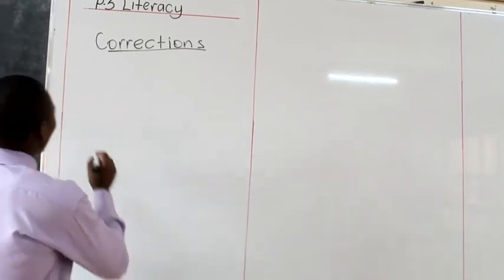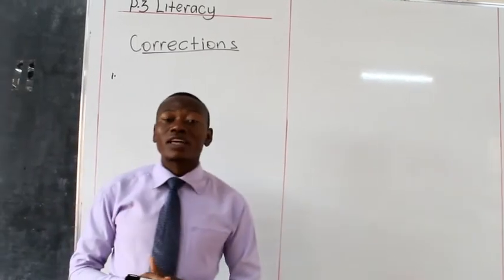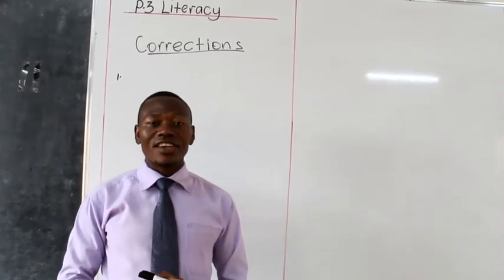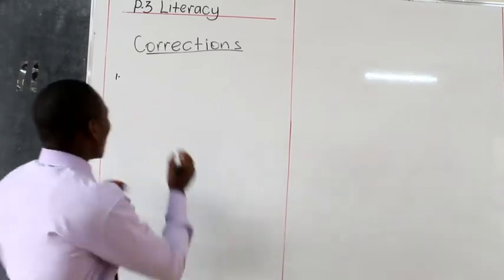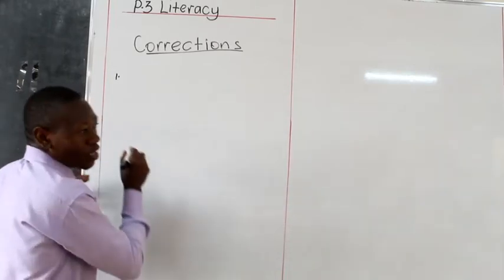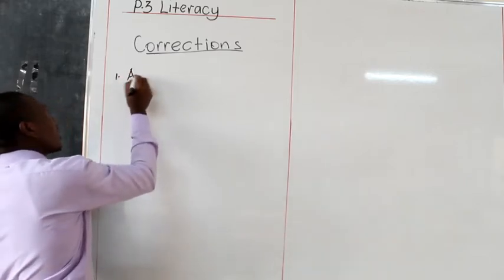So we go to number 1, which was asking you to give 3 examples of artificial changes in the environment. What are these artificial changes? I'll start with only the hard term that we gave in the previous lesson. 1, we called it afforestation.